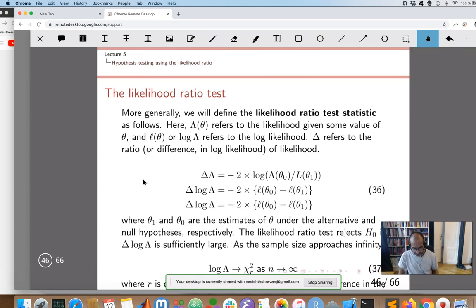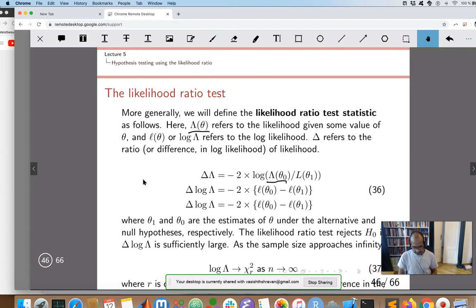Okay, so in general we will define the likelihood ratio test statistic as follows here. What I will do now is use Greek lambda with theta in parentheses to represent a particular model. So if I have a model with some particular parameterization, like my null hypothesis, for example, I will write that as lambda mu 0, right?